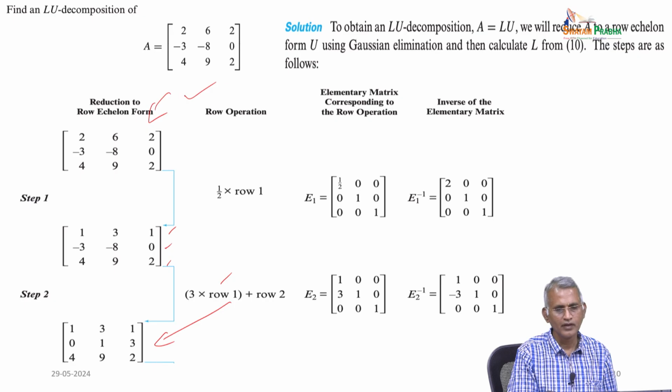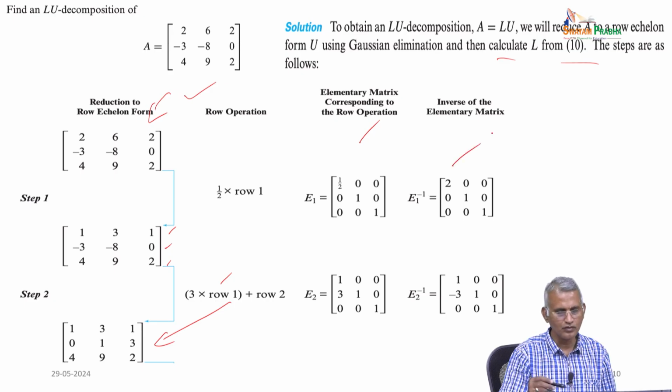Now, we have an LU decomposition, and we will reduce A to a row reduced form using the Gauss elimination method and calculate L from the equation. The steps are as follows. The elementary matrix corresponding to the row operation, and the inverse of the elementary matrix, we have to do with the help of E1 and E1 inverse, and E2 and E2 inverse.